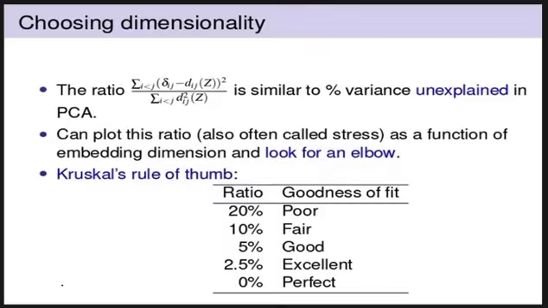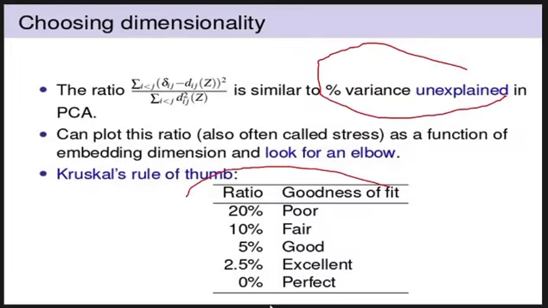We are talking about the one that could minimize the unexplained variation. Unexplained variance, but in PCA, variance explained. Now, we have a Kruskal rule of thumb. If the unexplained is zero, that's a perfect one. You know what perfect means? The perfect one means the distance in the higher dimensional space is exactly the distance in the lower dimensional space. That is where you have zero. 2.5% is excellent, 5% is good, and so on. Don't forget, this talks about unexplained variance.